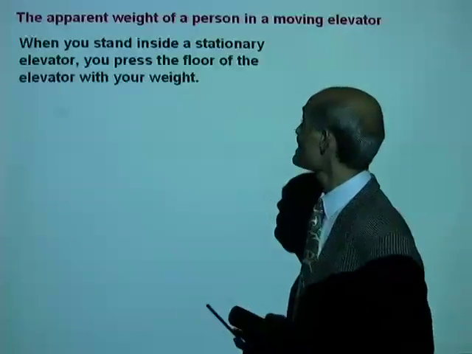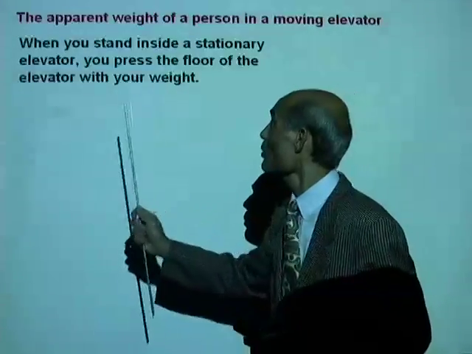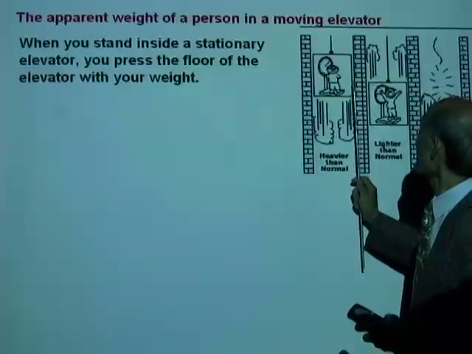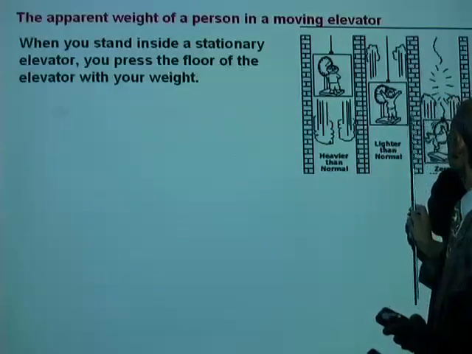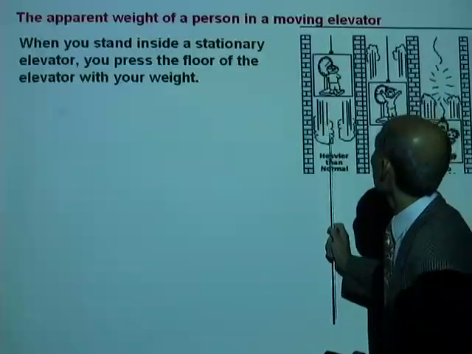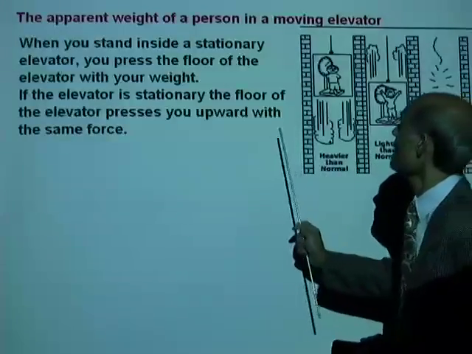When you stand inside a stationary elevator, you press the floor of the elevator with your weight. There you are in the elevator. This is the elevator moving up, this is the elevator moving down.